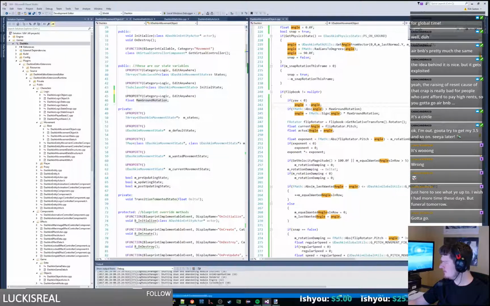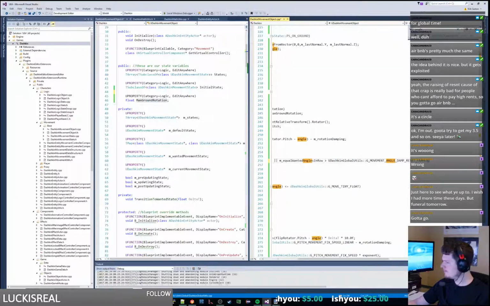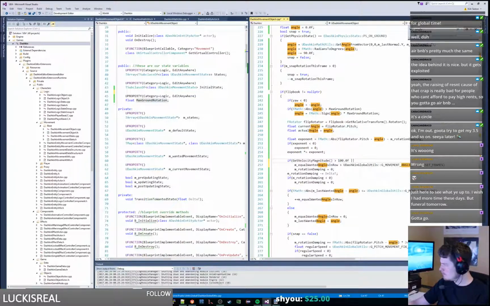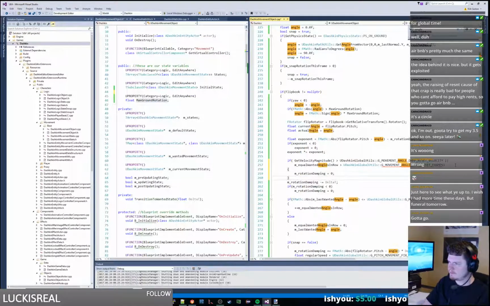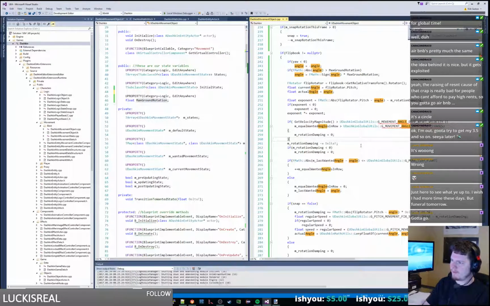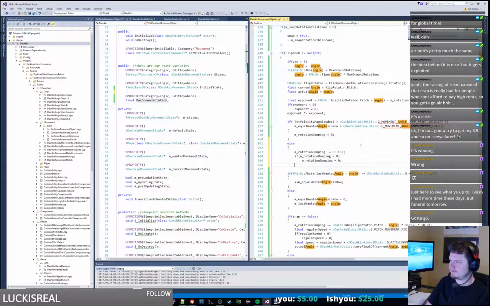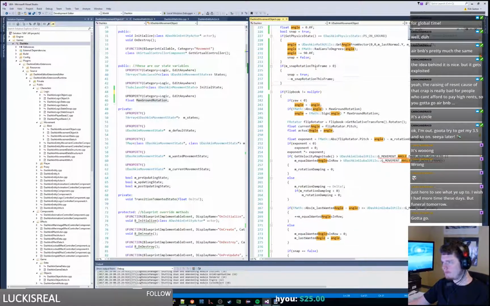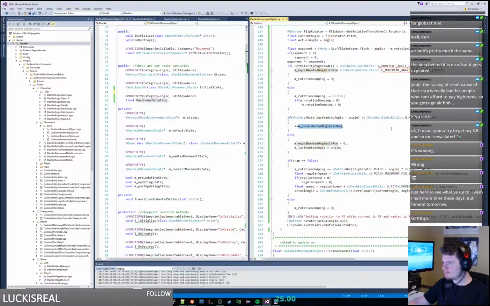So let's just unmagic number this thing. Angle damp reset velocity. So let's go ahead and add these two values over here.